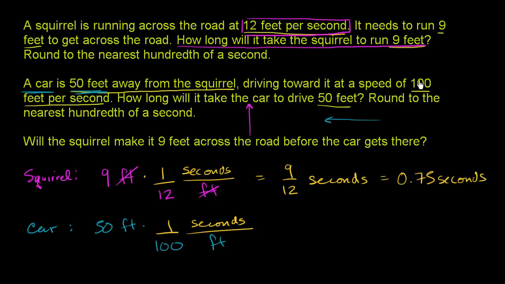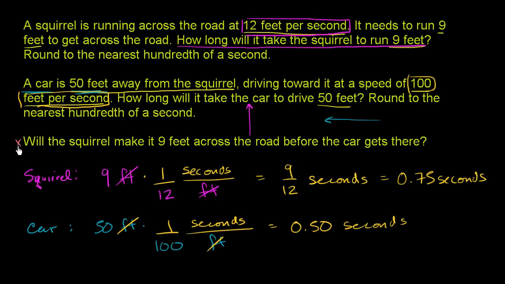This is, once again, just this information, but we took the reciprocal of it because we don't want feet per second, we want seconds per foot. And if we do that, that cancels with that, and we're left with 50 over 100 seconds. So this is 50 over 100, which is 0.50 seconds.